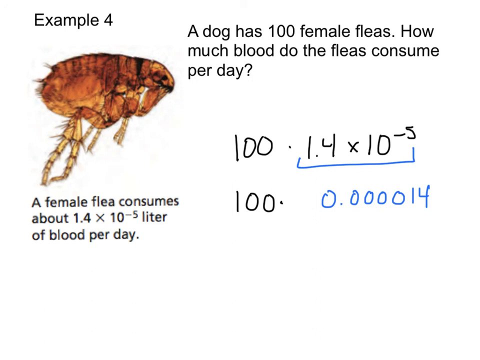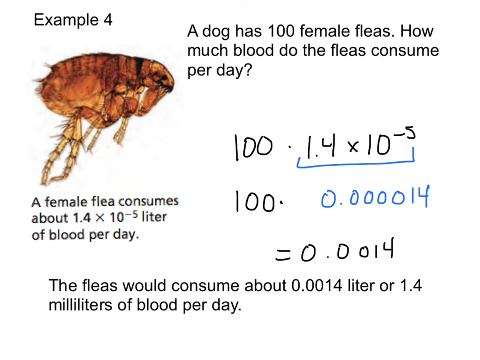So if we multiply that, we are going to get 0.0014 or 14 ten-thousandths. So the fleas would consume about 0.0014 liter or 1.4 milliliters of blood per day. And actually, that's kind of disgusting to think about.